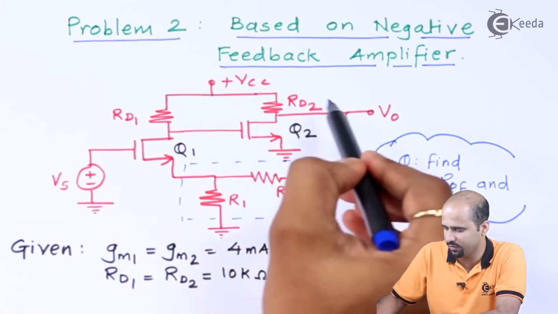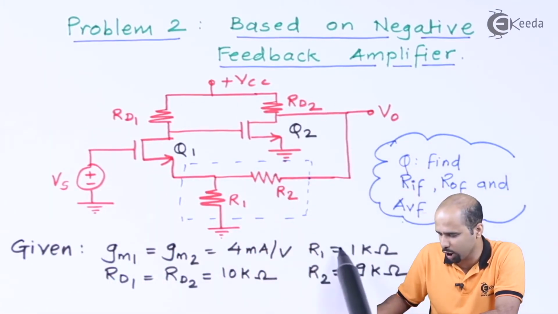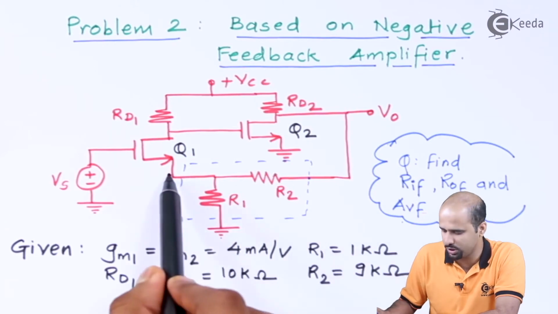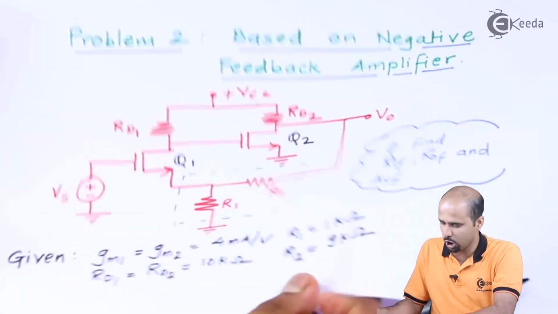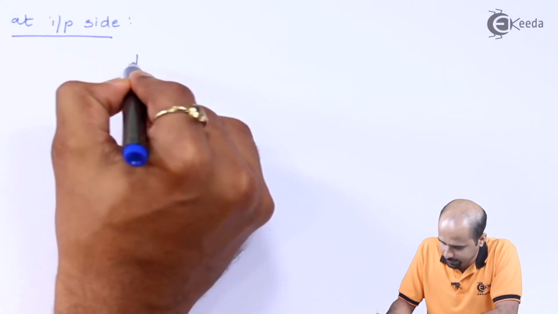What we will do, we will short circuit the output voltage. If we short the output voltage, R2 and R1 become parallel in nature and it will be connected to the source of the first stage of the amplifier. So I will draw this particular circuit at the input stage, then we'll get clarity.